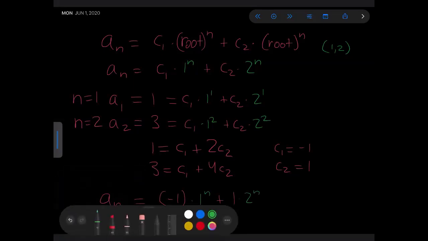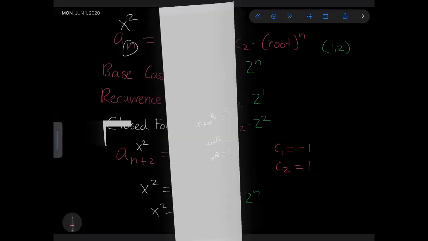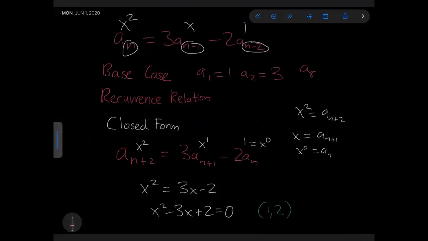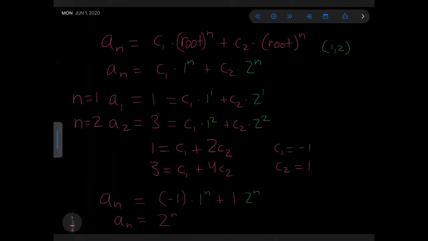So therefore, our nth term of the recurrence sequence we had earlier, remember our recurrence sequence was a sub n plus 2 is equal to 3 a sub n plus 1 minus 2 a sub n, and our first two terms were 1 and 3, we get this is equal to 2 to the n minus 1.